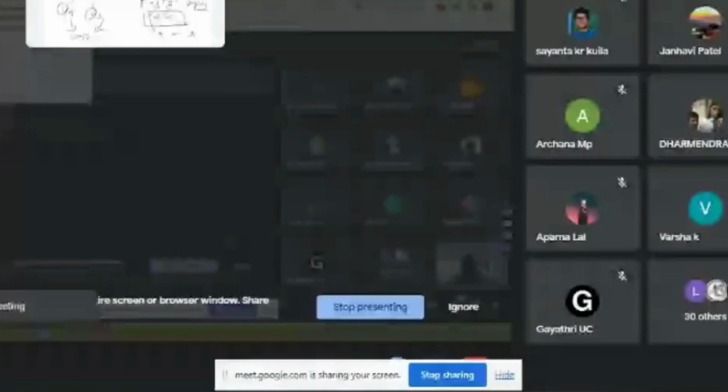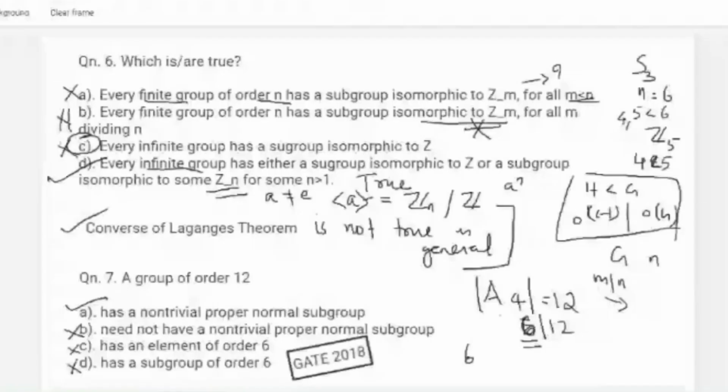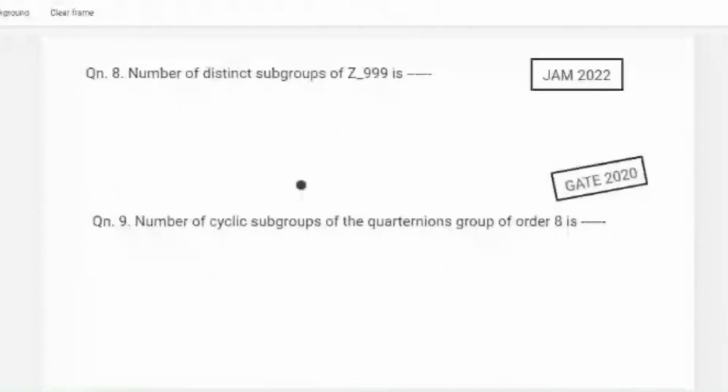So this question we have discussed, question 7, is from GATE 2018. Now, question 8 is regarding the number of distinct subgroups of Z999.